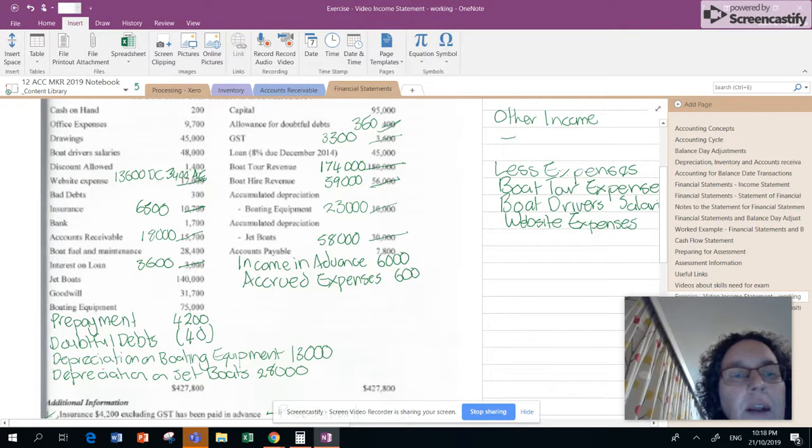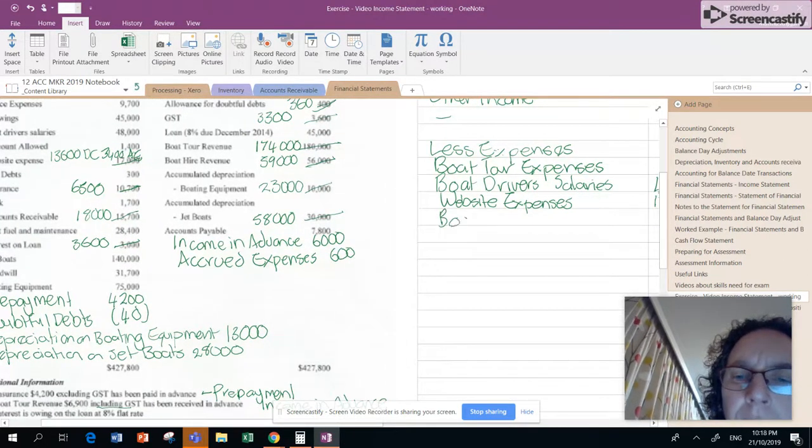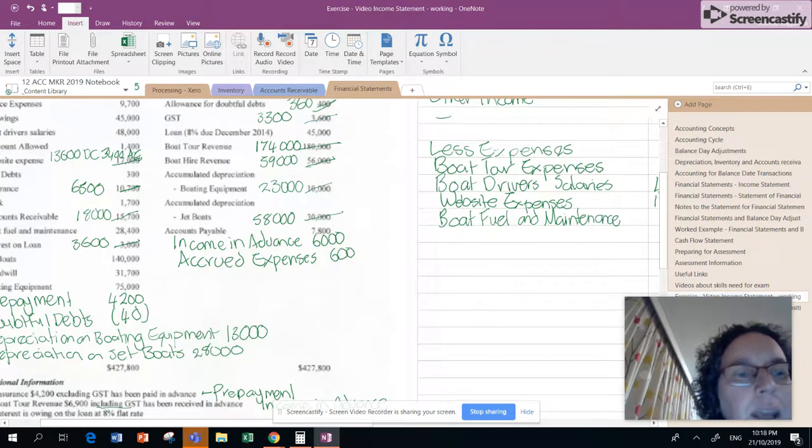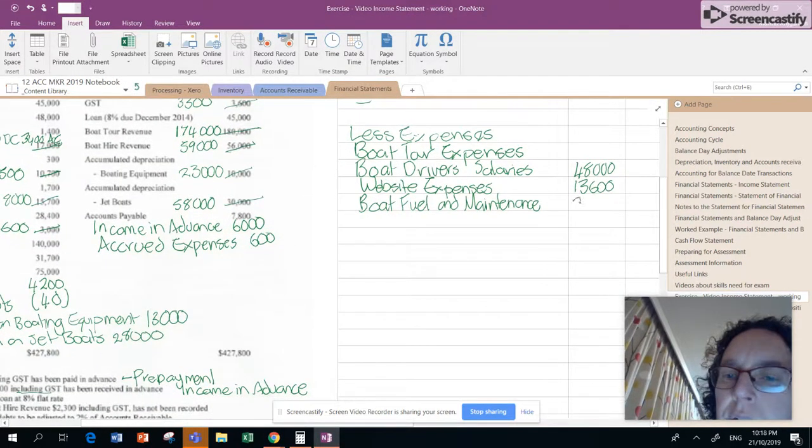Bank is a current asset. Accounts receivable is a current asset. But our boat fuel and maintenance will go in here, because it relates to doing it, and it's 28,400, so it relates to providing the service.